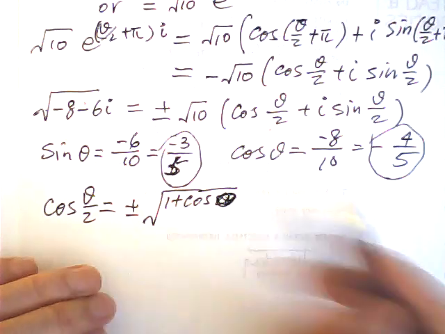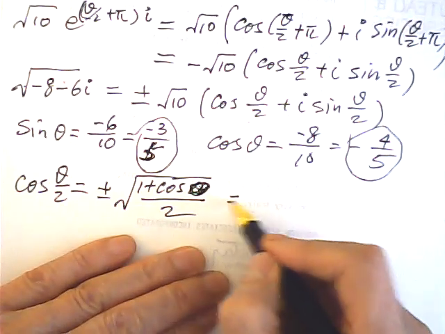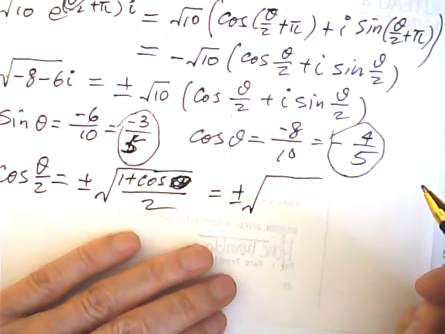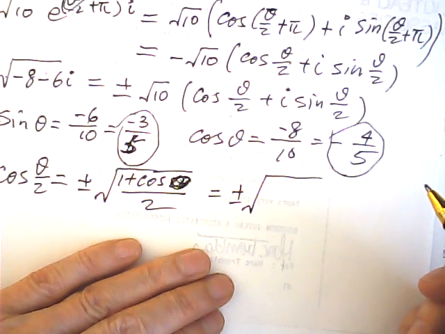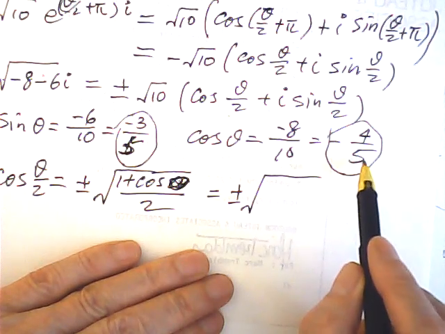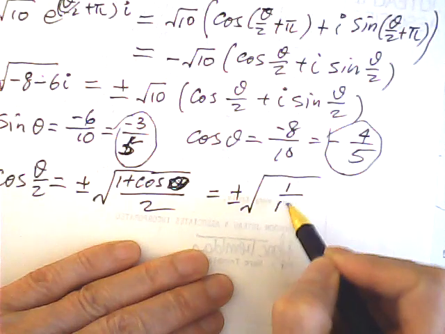So this is plus or minus the square root of 1 minus 4/5, over 2, which is a tenth.